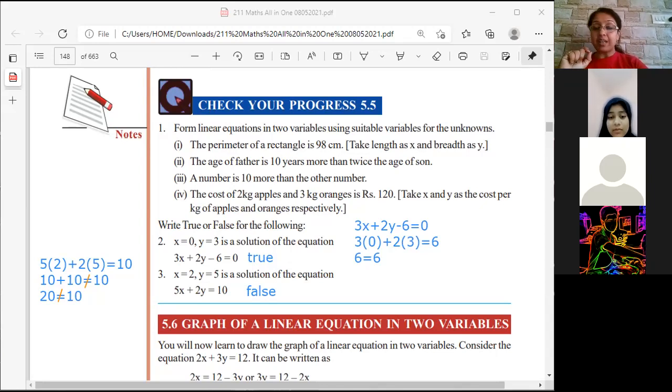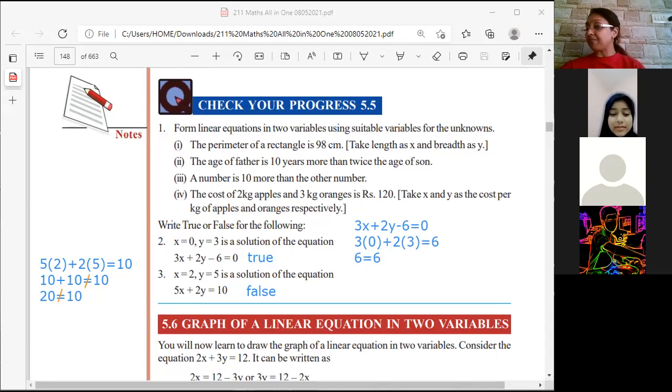So what we are doing is substituting the values they have given in the equation and trying to find whether the left hand side is equal to the right hand side. If I get the left hand side equal to right hand side, that means yes, the values are correct. But if I do not get the left hand side equal to right hand side, that means the values they have given me are not correct. So I will say it's a false statement. Got it?